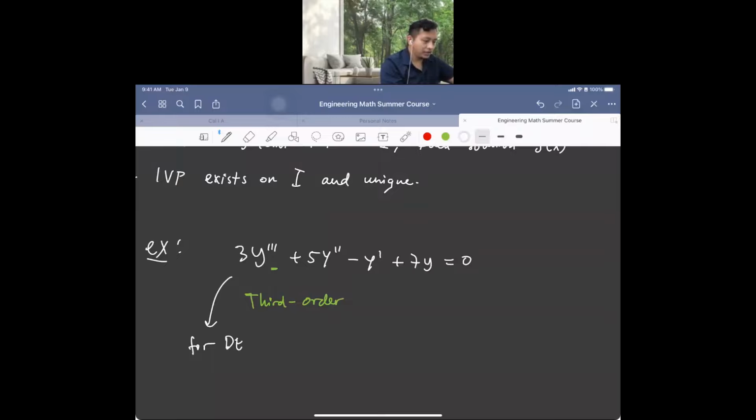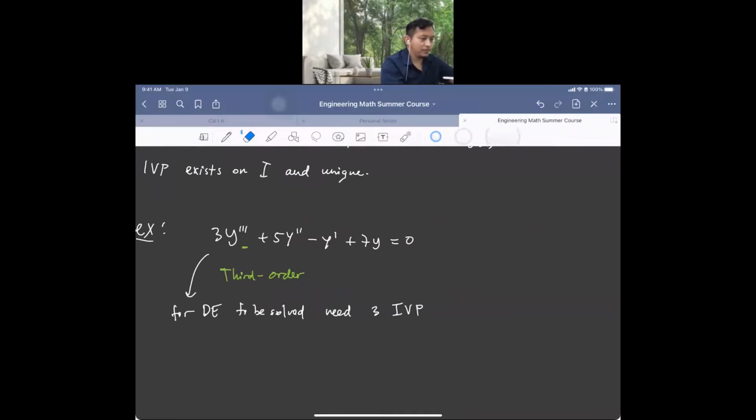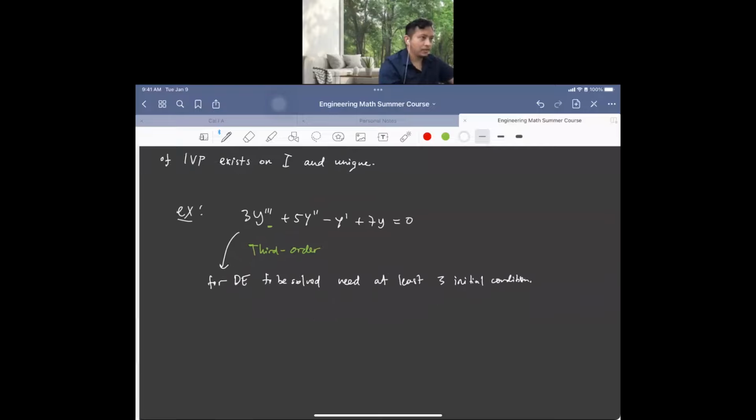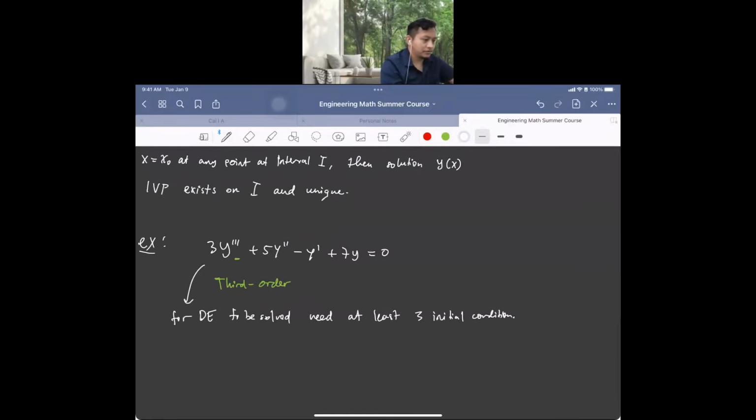So for the DE to be solved, we need 3 initial value conditions, or initial value problem. Or let me write, it needs to be at least 3 initial conditions.